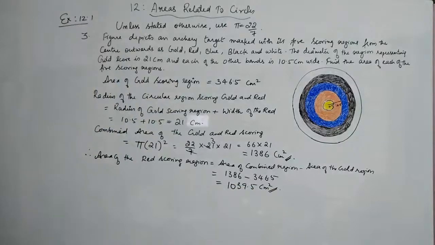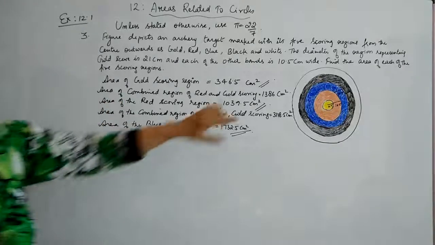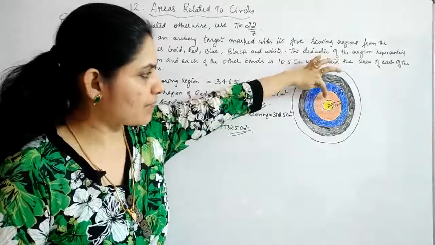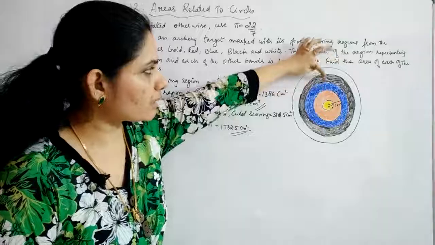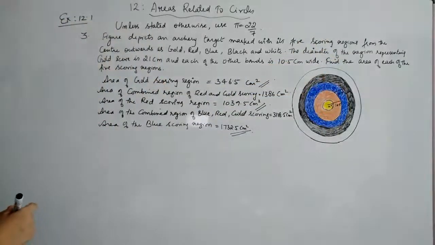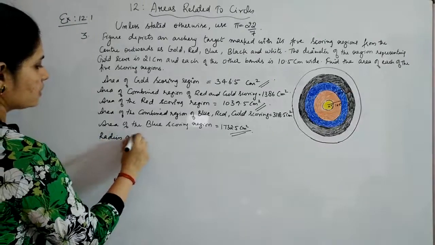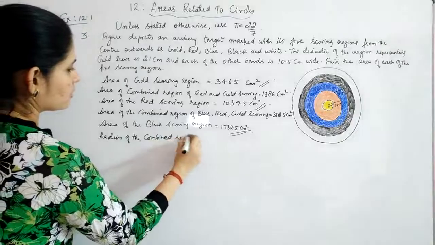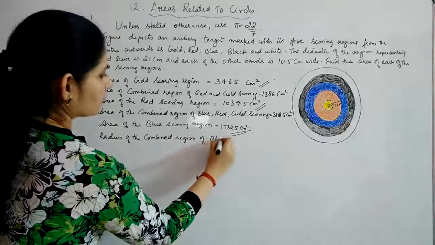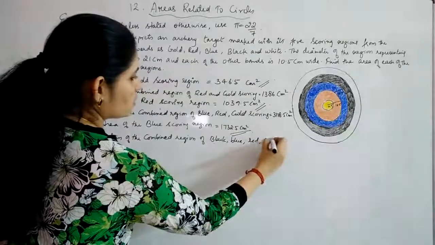Now next we have to find out the area of the blue scoring region. In order to find the radius of the combined region, that is gold plus this bandwidth plus this bandwidth plus black's bandwidth, everything is 10.5, 10.5, 10.5. That means you have to add all the things and you will get the radius of the combined region of black, blue, red and gold.